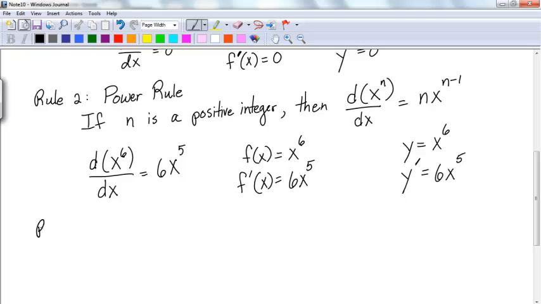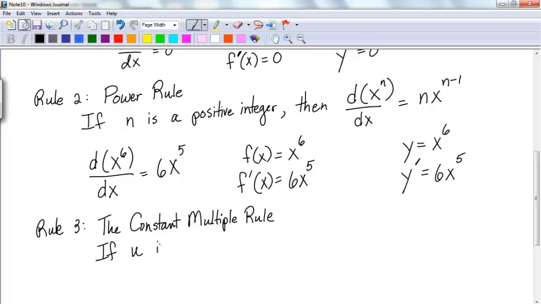Third rule, rule 3. Rule 3 is the constant multiple rule. And it says if u is a differentiable function of x.